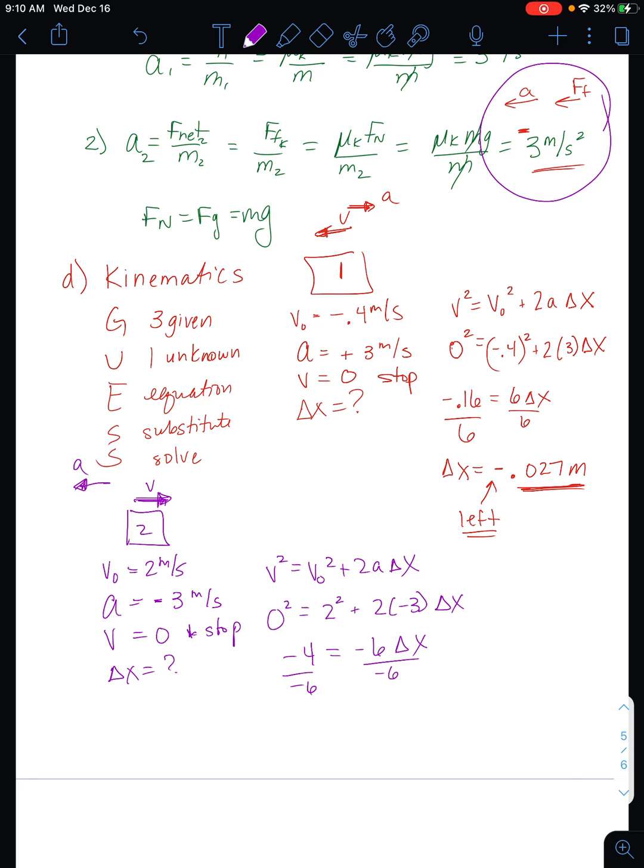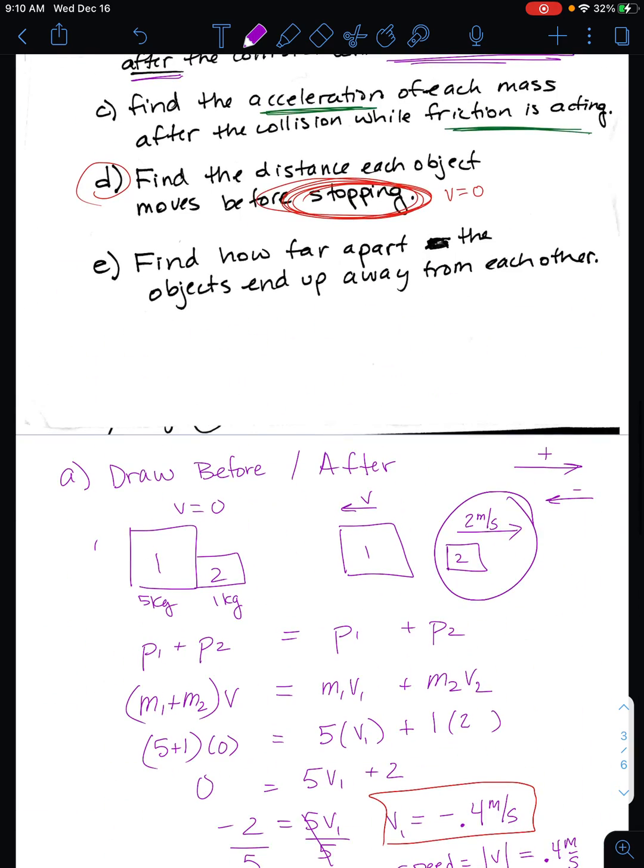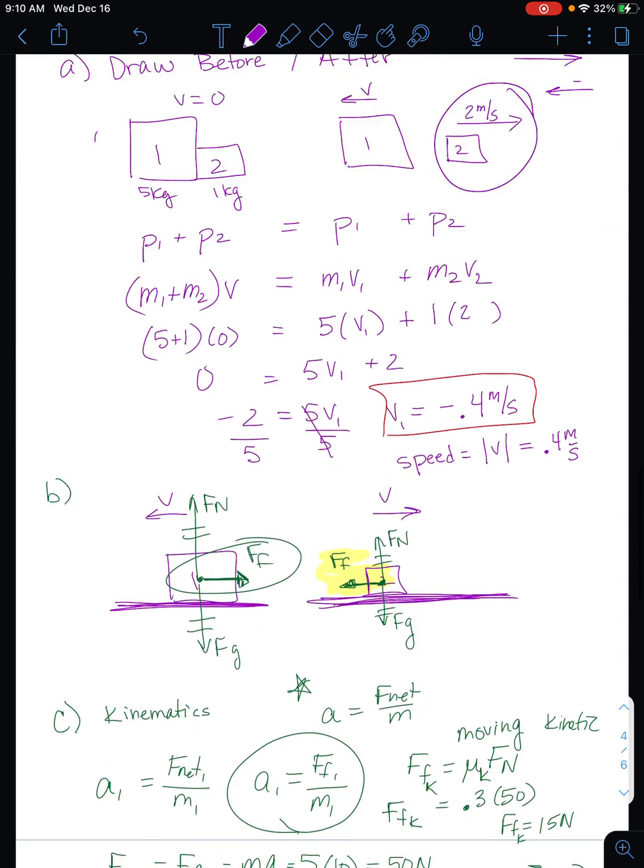So we've got 2/3 here, or delta x equals 0.67. This is positive because it goes to the right. 0.67.